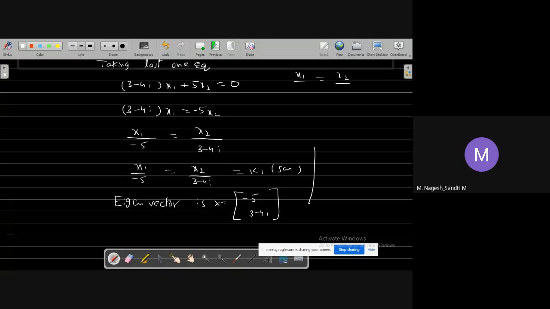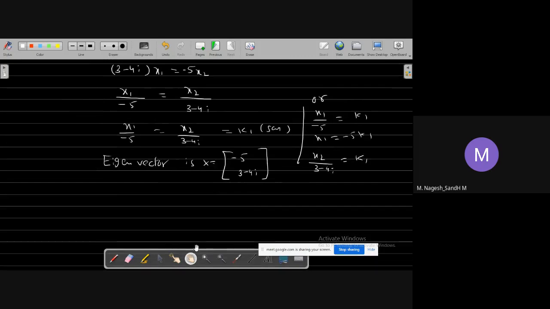Or if you want detail, you can do it like this. x1 by minus 5 is equal to k1, so x1 is equal to minus 5k1. Next, x2 by 3 minus 4i is equal to k1, so x2 is equal to 3 minus 4i into k1.